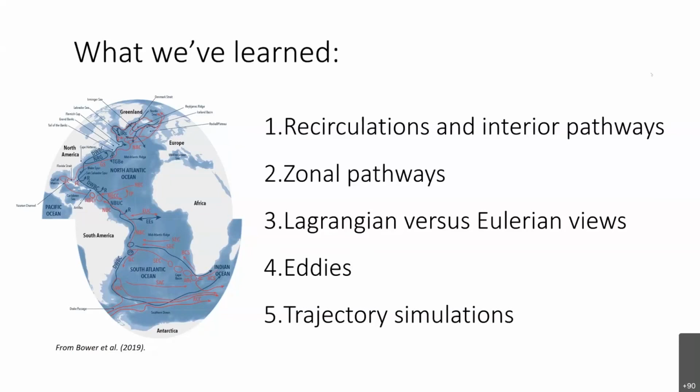I think of a conveyor belt as like this rubber belt that goes around in a circle, where something that happens in one place is instantly communicated to the rest of the belt, and it really doesn't look that way. It also isn't just this two-dimensional circulation system. It's very three-dimensional. And also, what the conveyor belt doesn't emphasize at all is the importance of eddies and mesoscale variability.